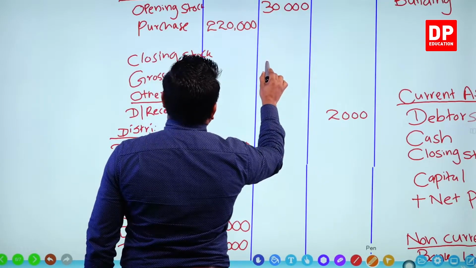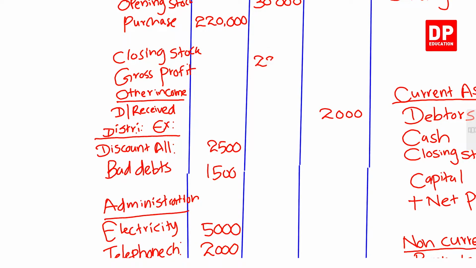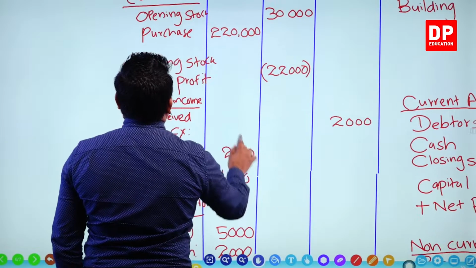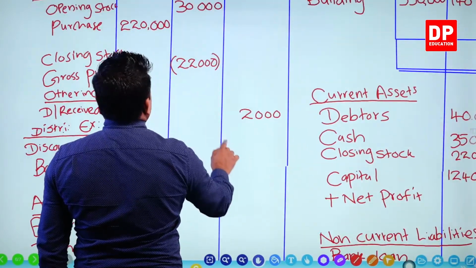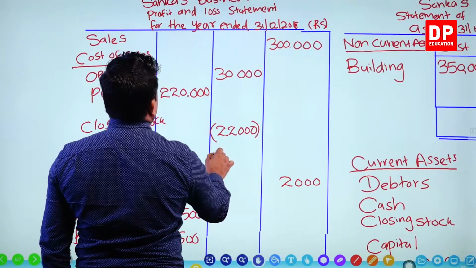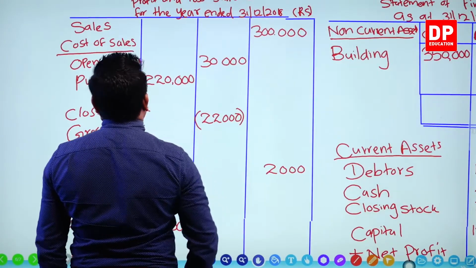Closing stock we put here within brackets. Okay, now we finish. We can get the total now, right? First we go to the profit and loss statement. First we have to solve the profit and loss statement, right?